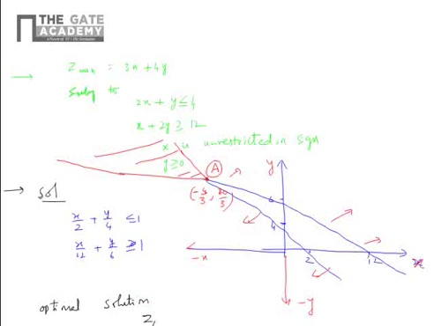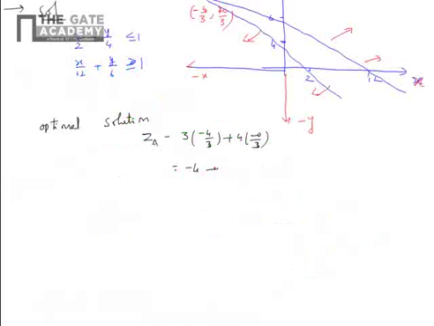Z at A equal to 3 times minus 4 by 3 plus 4 times 20 by 3, equal to minus 4 plus 80 by 3, which is nothing but 68 by 3.